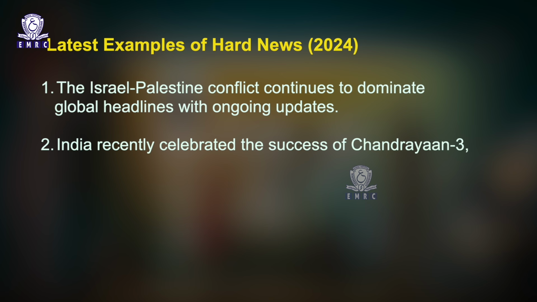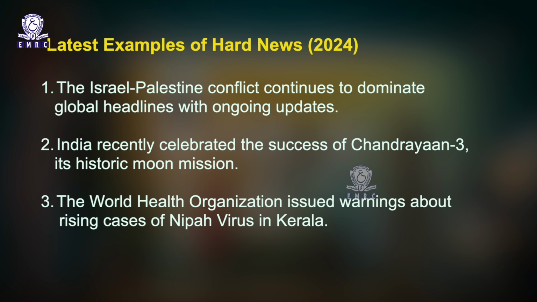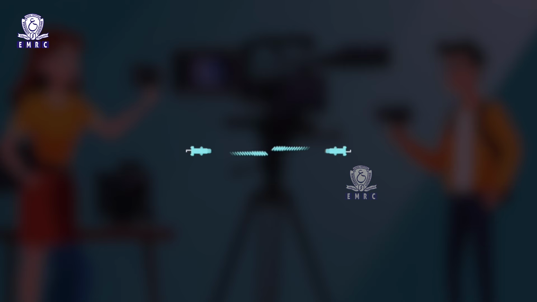India recently celebrated the success of Chandrayaan-3, its historic moon mission, and the World Health Organization issued a warning about rising cases of Nipah virus in Kerala, and so on. So, these stories demand urgency, accuracy and clarity, making them classic examples of hard news.